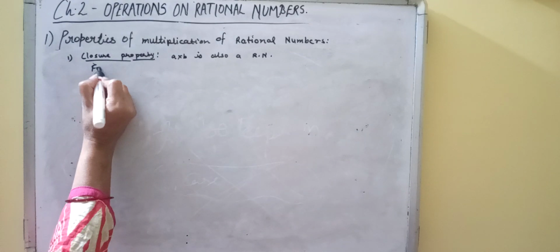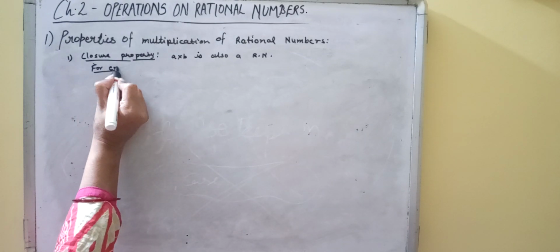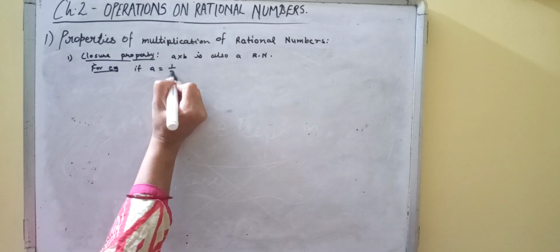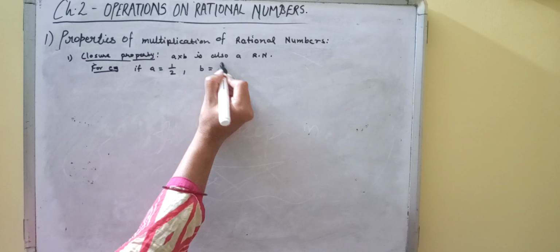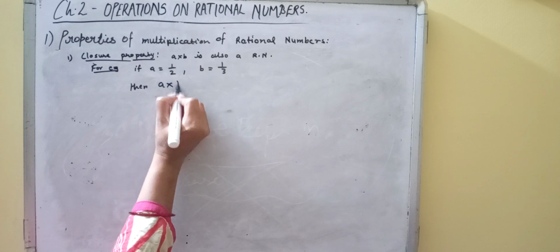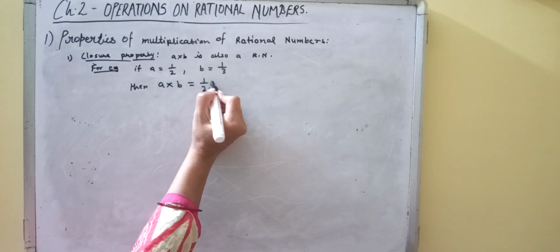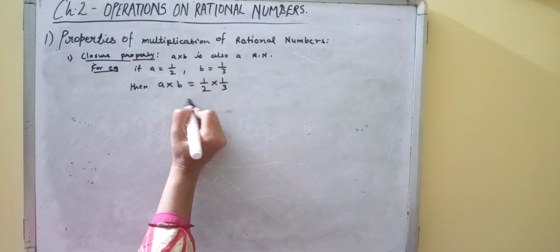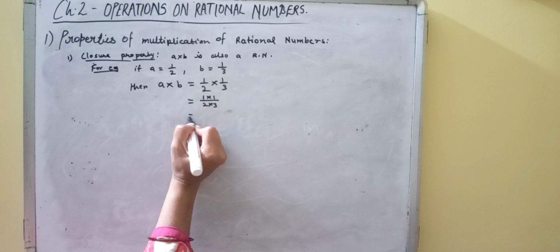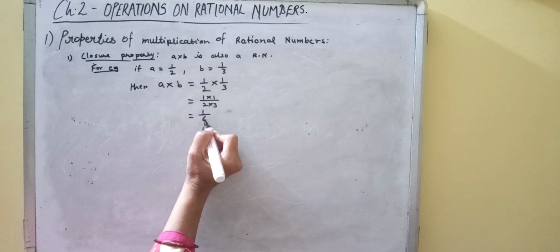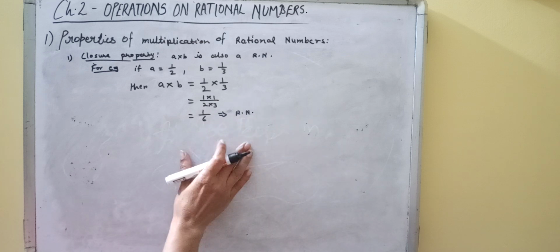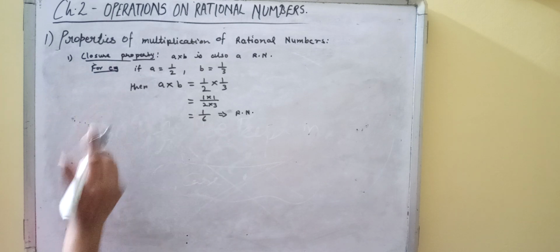For example, if A equals 1 upon 2 and B equals 1 upon 3, then A into B equals 1 upon 2 into 1 upon 3, that is 1 into 1 upon 2 into 3, that is 1 upon 6. So 1 upon 6 is also a rational number. This is the first property, that is closure property.